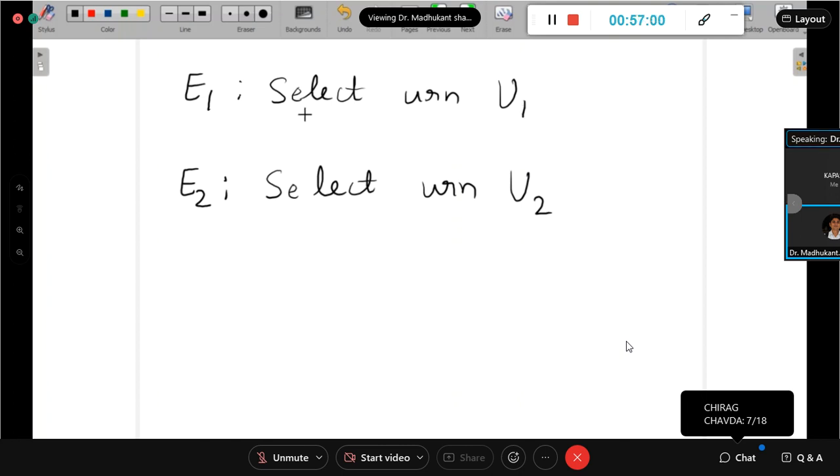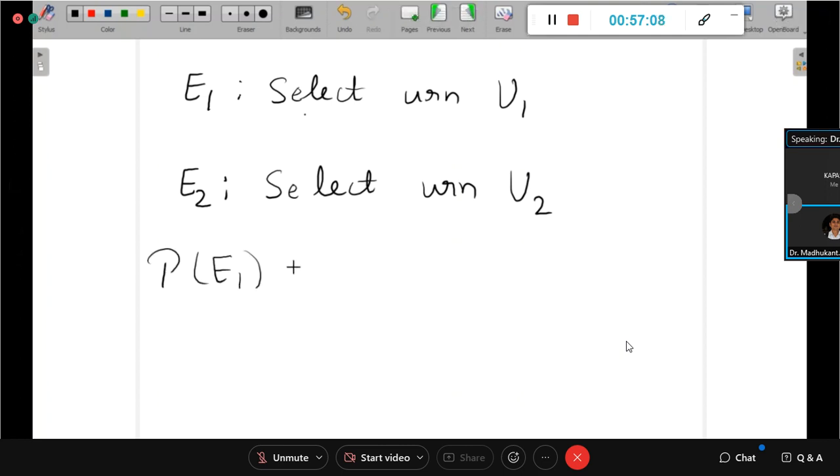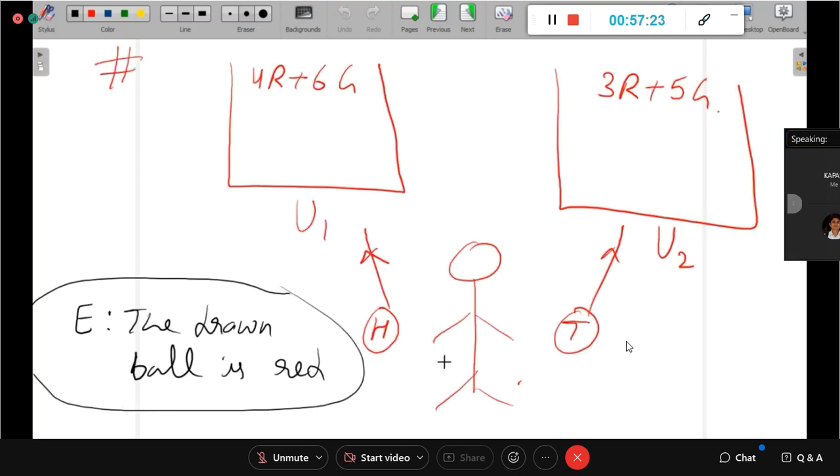Either you will select urn 1 or urn 2. Means if you are getting head, you are going to select U1, and if you are getting tail, you are going to select urn 2. And you can certainly tell the probability of E1 and the probability of E2. They are equally likely. You are taking an unbiased coin and you are selecting them equally likely.